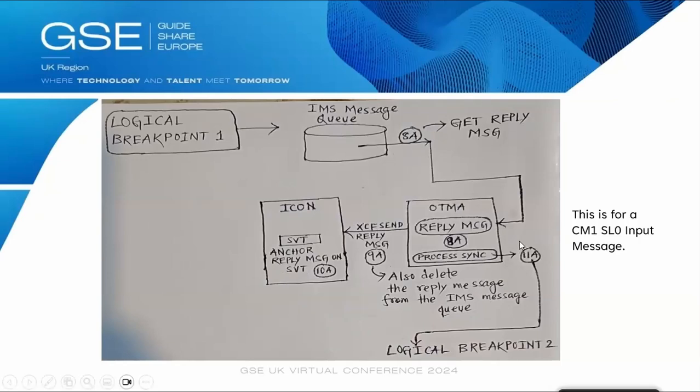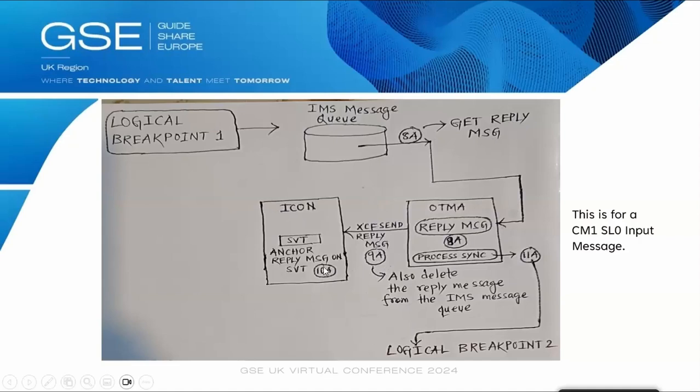Now moving to 9A, over here, IMS OTMA will now send the reply message to IMS Connect via XCF and deletes it from the IMS message queue. Just follow the numbering system. And then moving on to 10A, IMS Connect will anchor the reply message on the SVT.